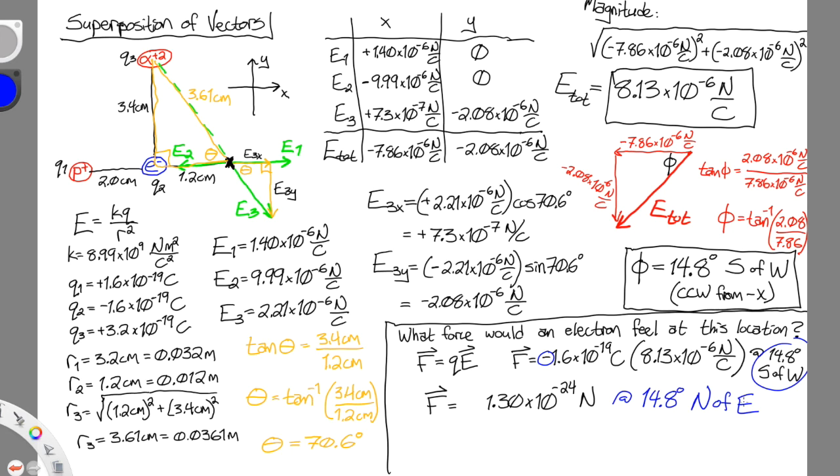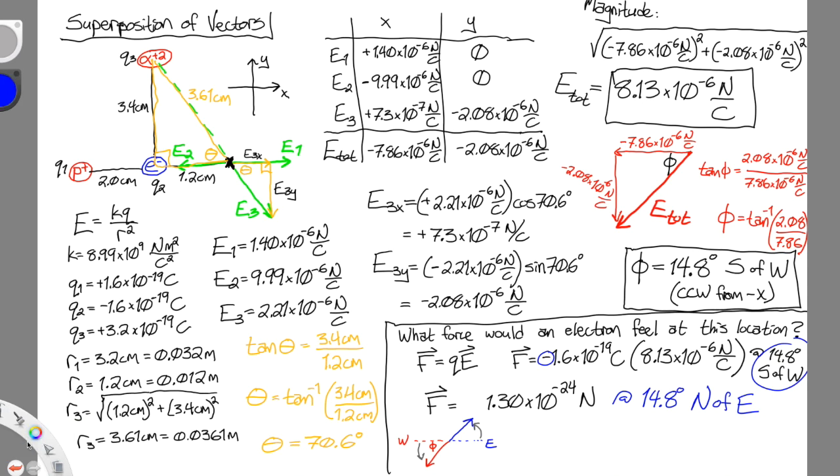So on our little diagram, or let's make a little diagram down here, the electric field, this is west, and our angle was measured south from west, so started at west and we went south from there. If we want to find the exact opposite of that, then our reference line is east, and from east we go north of east.